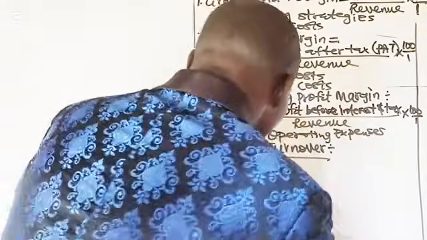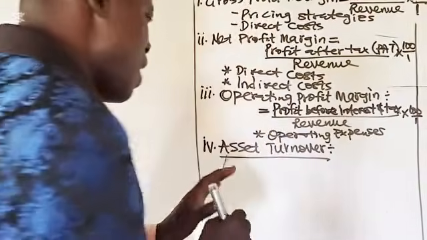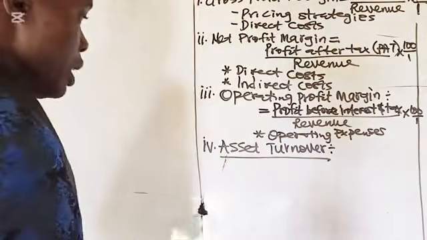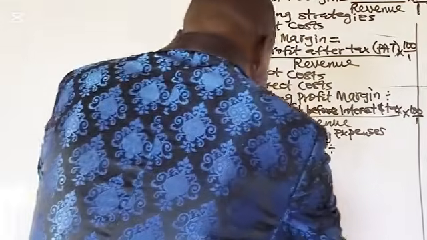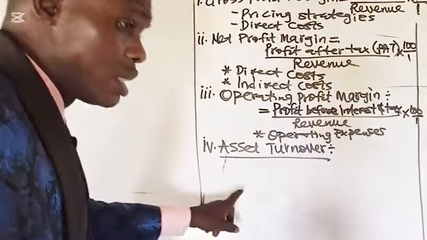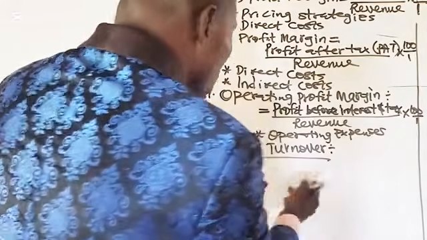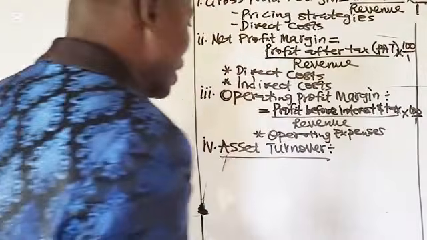You want to know if the assets are used efficiently or not. Where assets are used with greater efficiency, you will expect this asset turnover to increase. But if it is not used efficiently, the asset turnover will decrease. So that is for asset turnover.